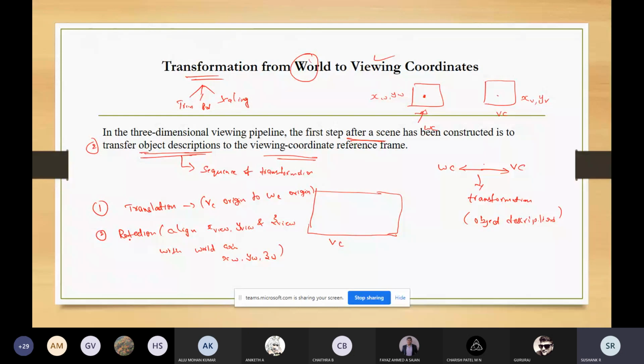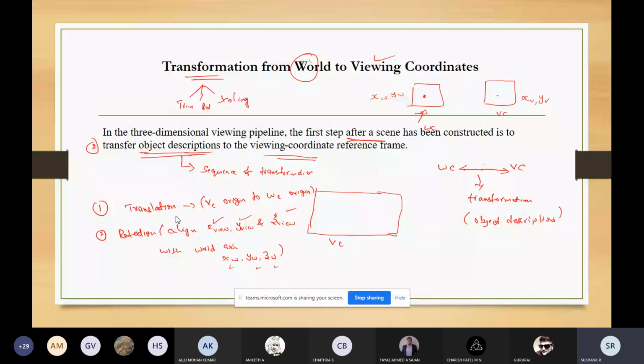This translation will translate the viewing coordinate origin to the origin of the world coordinate system.